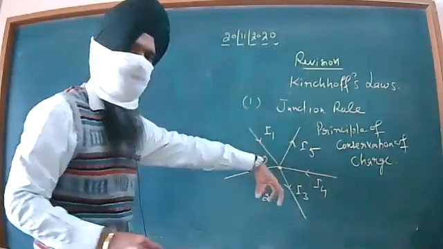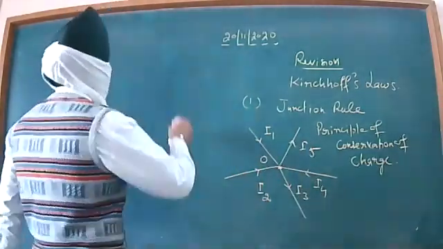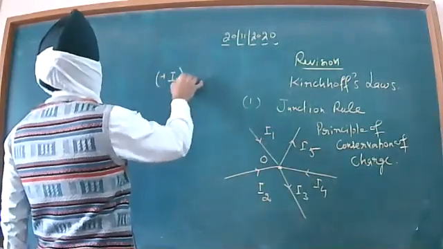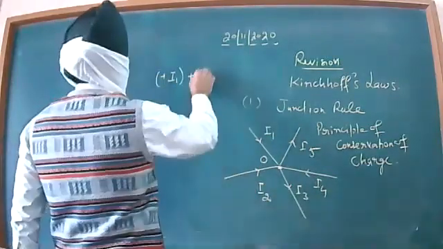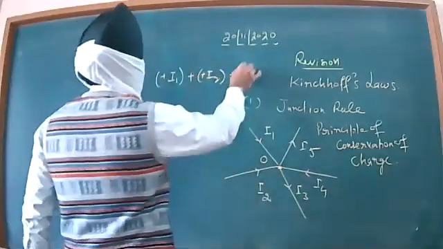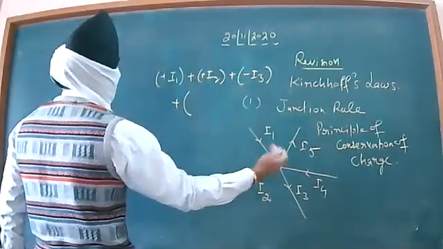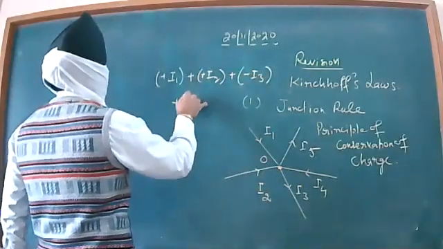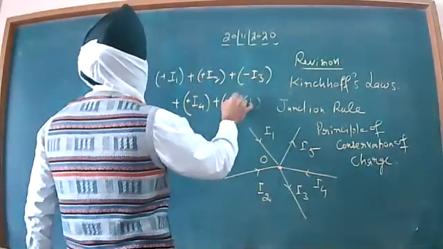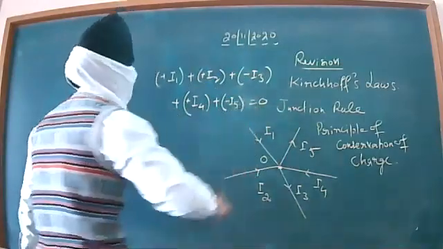The currents entering towards point O will be taken as positive. I1 is positive, plus I2 also positive, plus I3, which is leaving, I will treat as negative, plus I4, which is approaching, I will treat as positive, plus I5, which is leaving, I will treat as negative, equal to 0.